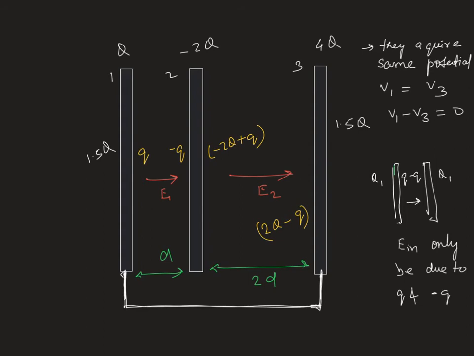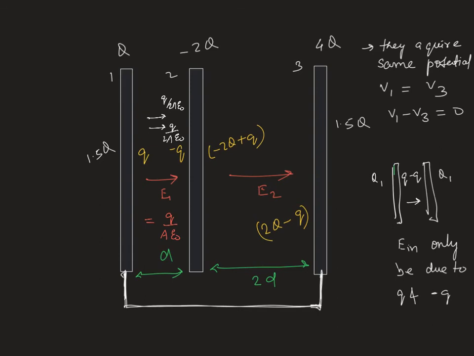So what is the field E1? I am going to solve it here. The field E1 will be due to two reasons, due to plus q and due to minus q. Due to plus q, it will be q upon 2a epsilon naught, and due to minus q, it will also be q upon 2a epsilon naught. So your net field E1 becomes equal to q upon a epsilon naught, the sum of the fields due to plus q and minus q.